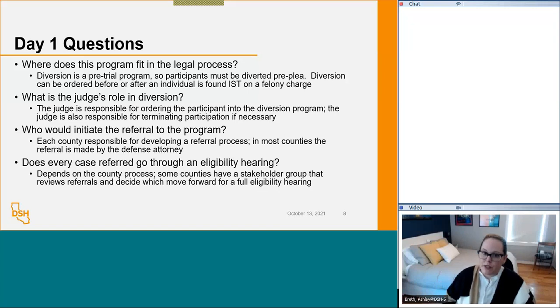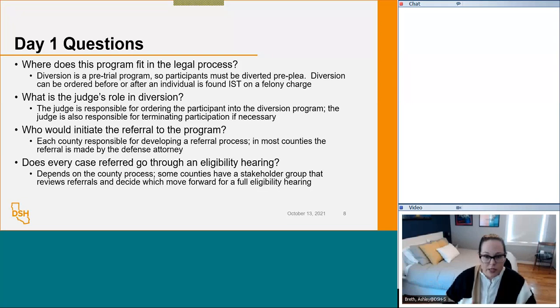The judge's role in diversion, what is the judge's role? At the most basic level, the judge makes the ultimate decision as to whether somebody can be admitted or ordered into a diversion program. Diversion is like a conditional release program. There are conditions attached to participating, so the courts are also responsible for setting any court monitoring that goes along with that conditional release.